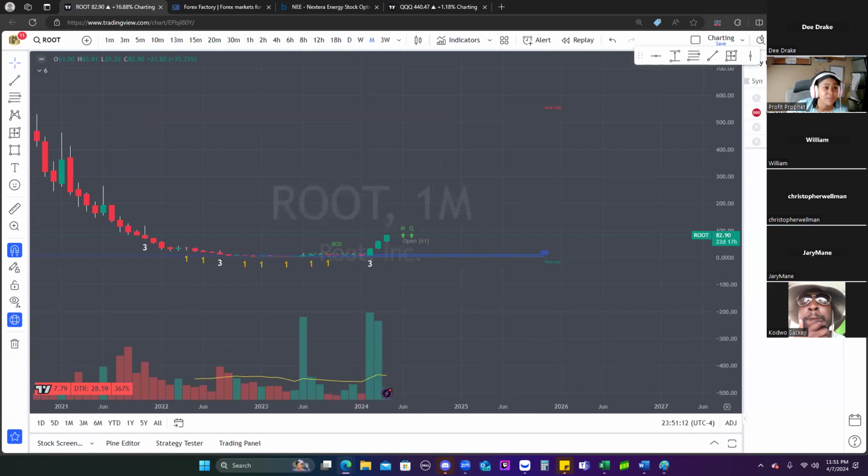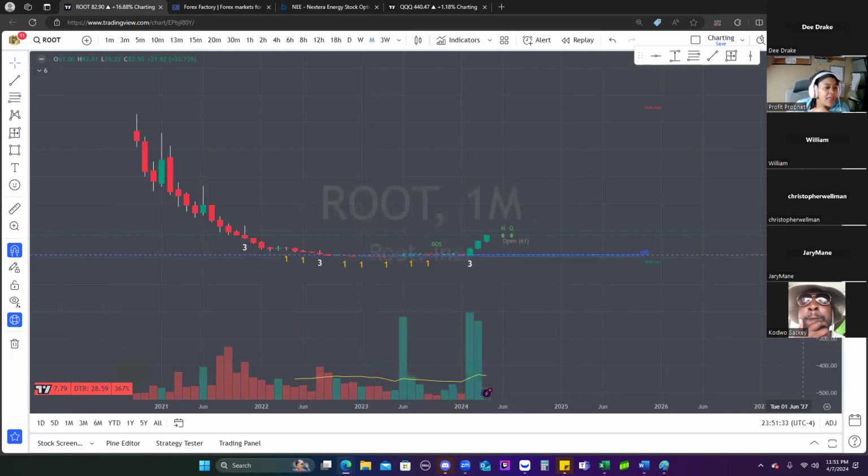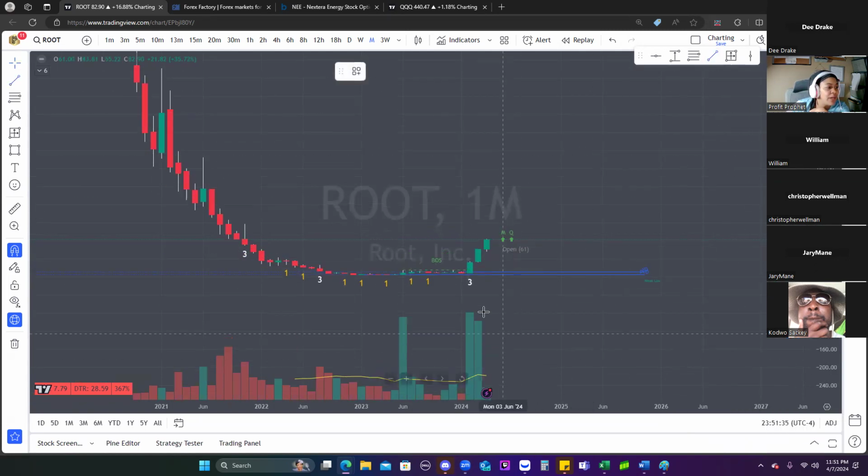Somebody tell me what Root is. Oh, it's an insurance company. Okay. They don't pay dividends. Busted. Insurance is a scam. You insure, you pay, and then when you do get a claim, they jack your premium up.